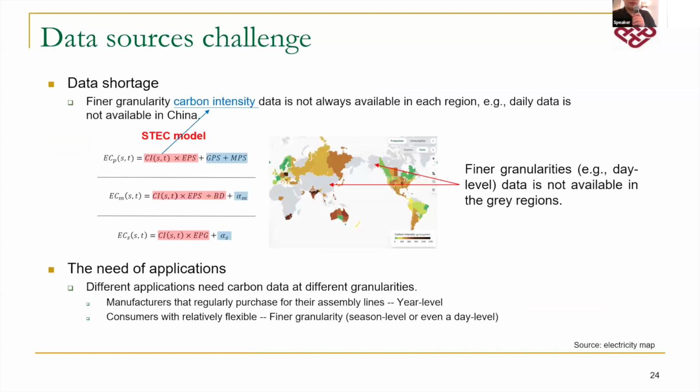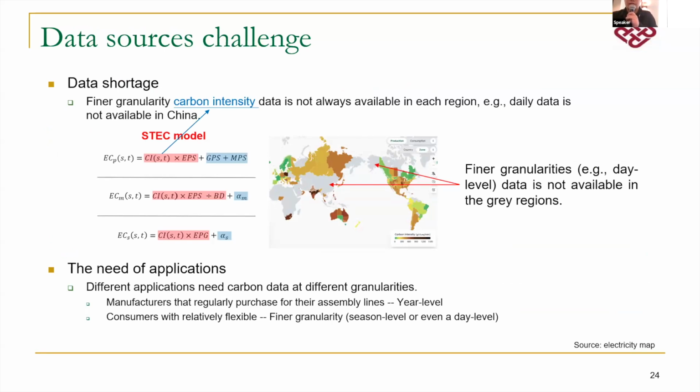Second, models need finer granularity carbon data, but it is not always available in each region. For example, daily data is not available in China. Actually, there are many regions that have no finer data, as this green block shows in this map.